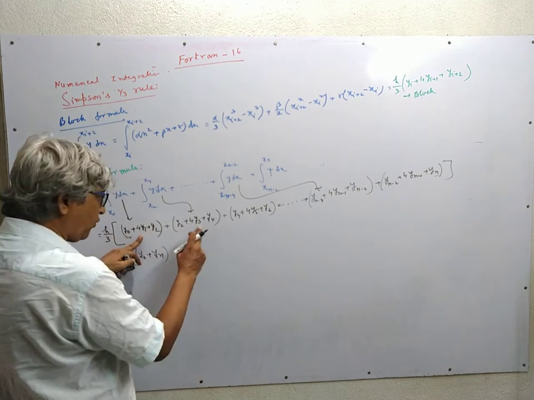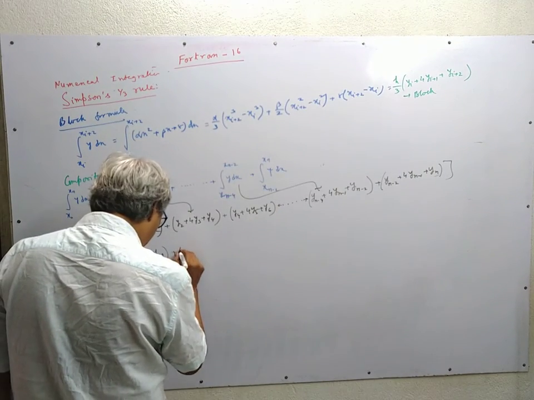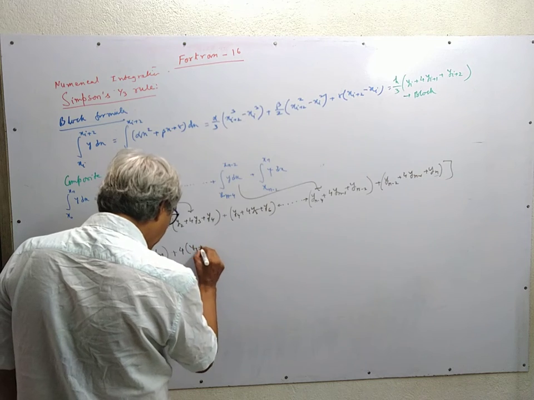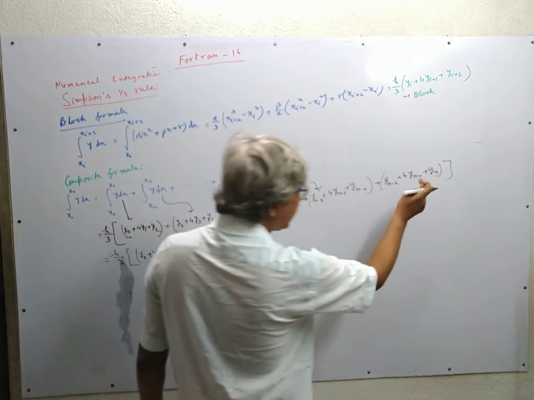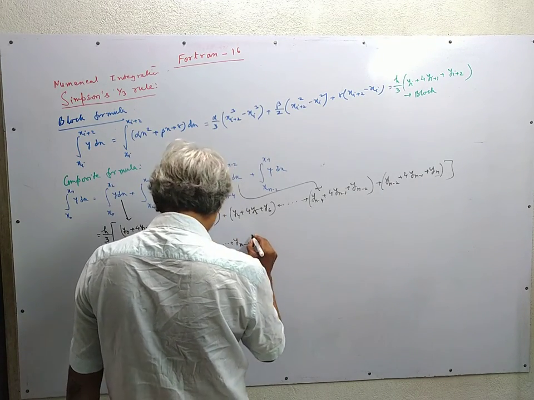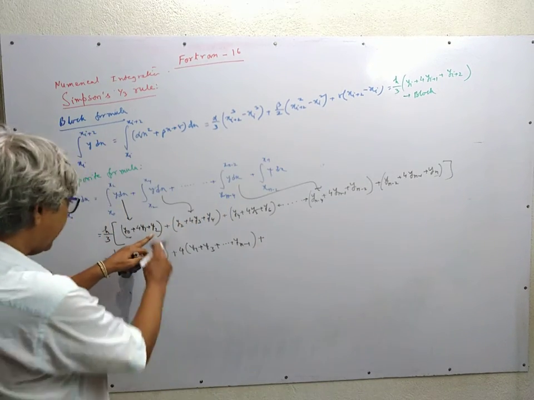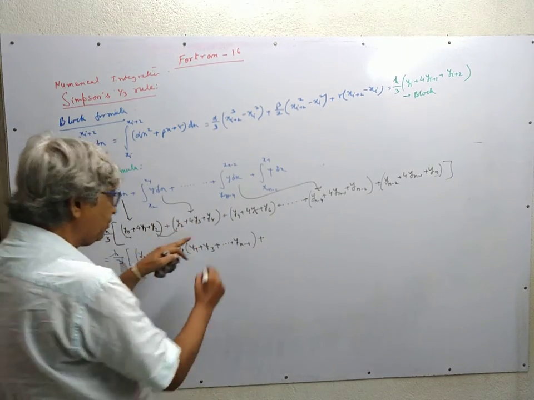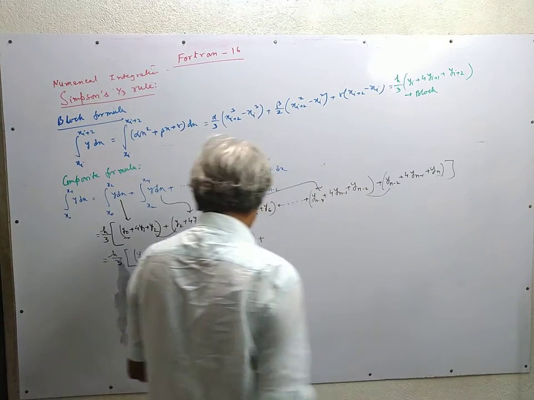Then the odd terms: 4y1, 4y3, 4y5 and so on and so forth. So 4 times y1, y3 and ultimately ending up with yn minus 1. Plus there is a y2, and this y2 couples to get 2, and similarly you see that this makes it 2.